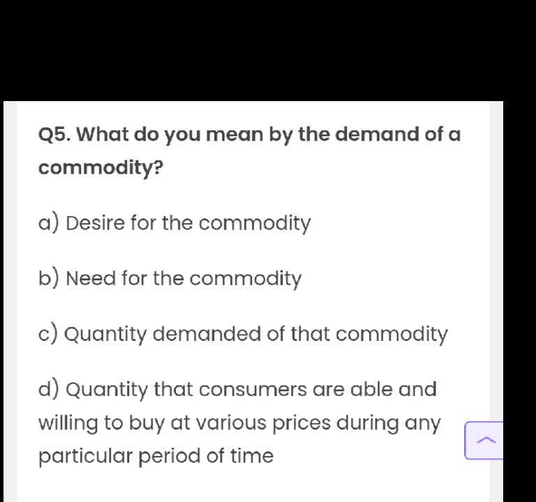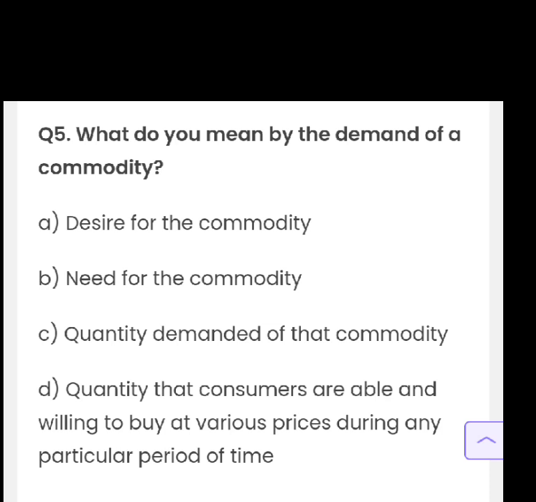That means they are able to purchase that and they are willing to have it at various prices during any particular period of time. The time period is given. So this is also important, that the other things remain the same.